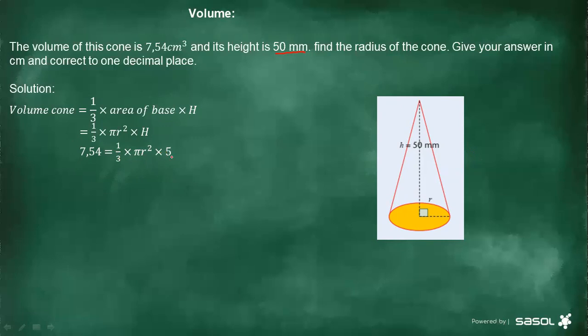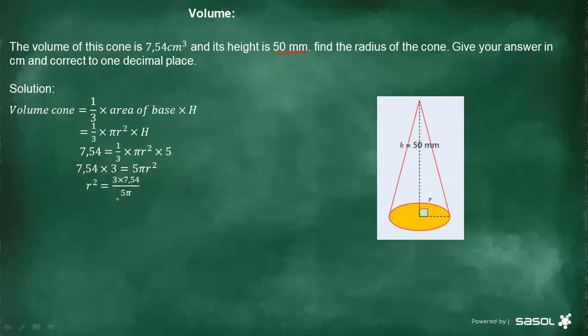The question needs us to calculate the radius r. Then from there, you are going to multiply each term by the denominator of this fraction. You can see we are no longer having a fraction because we multiplied by 3. Since we are in need of r, we are going to divide by 5 pi.